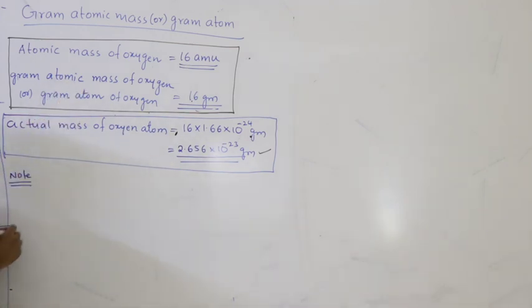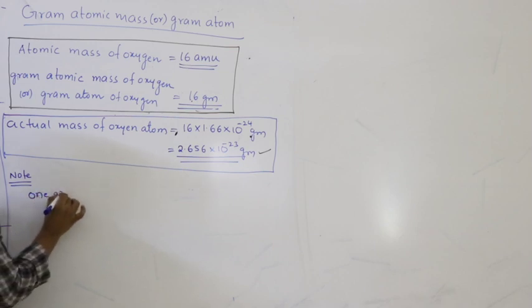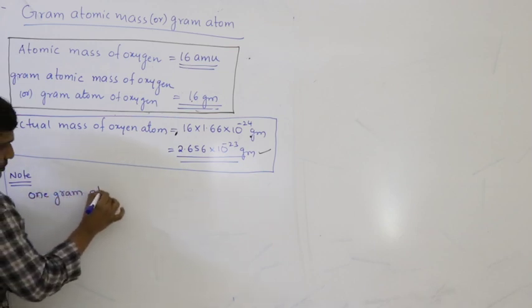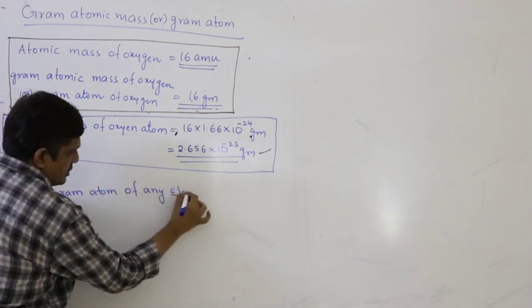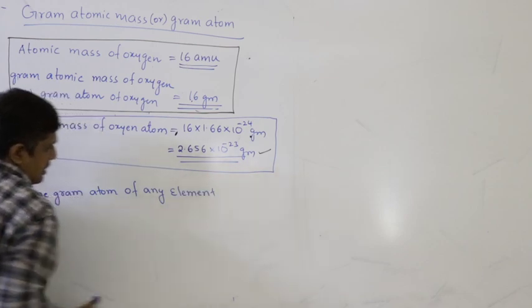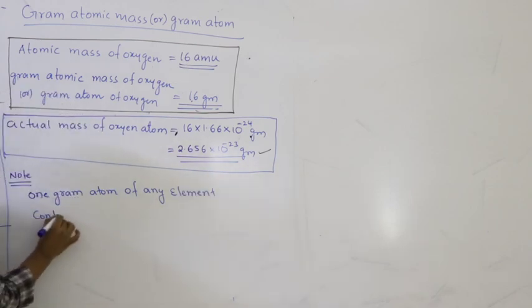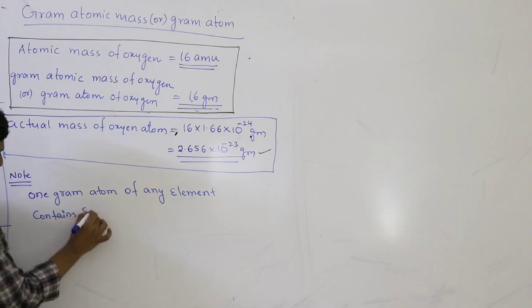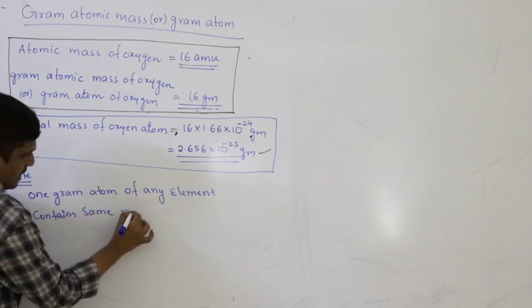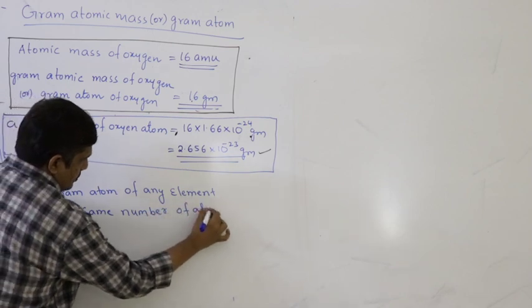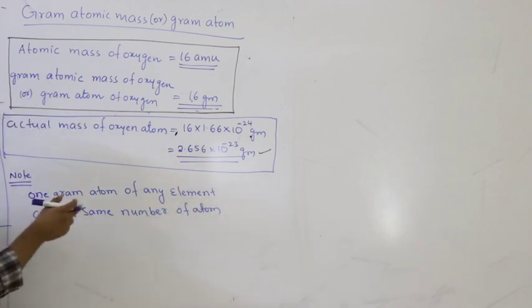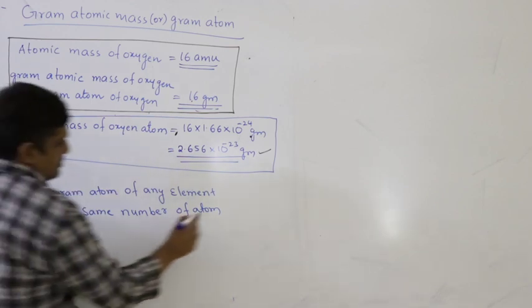Note, 1 gram atom of any element, this is an observation, contains the same number of atoms. 1 gram atom of every element contains the same number of atoms.